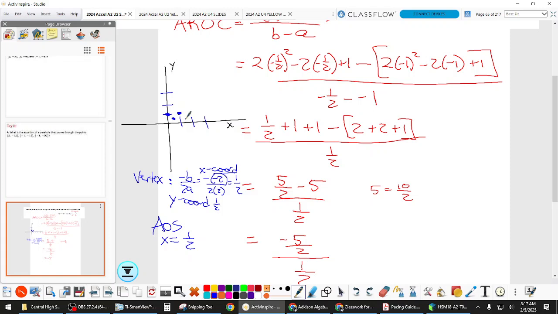So from half, we go 1.5, 2.5. Left 1 is to negative a half, up a half, and another, or up 1, up 2. Okay? How about over 2 what? Okay, so this is going to be a little bit of an eyeball.